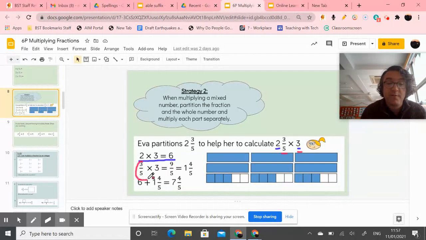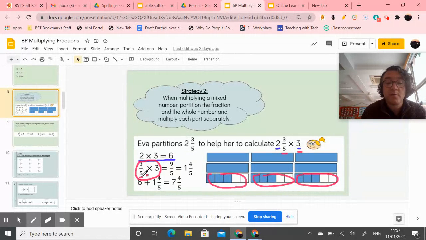Now, the 3/5 times 3, again, if I want to, I can use my bar model method. Okay, like so, and that's how it looks down there, because the wholes have already been done. So I can use the previous method, or maybe you're starting to see that there is a pattern.